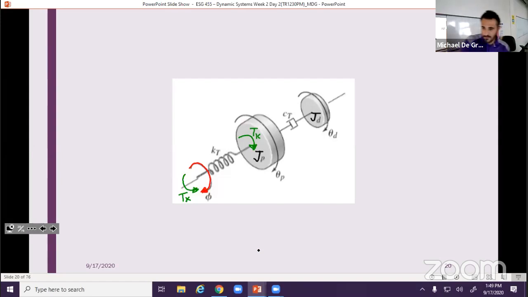If I'm rotating by phi on the front end of that spring, the torque reaction is going to oppose this motion. Think about it this way: the spring, as I rotate it, wants to fight back, which means on the other end, it's going to be equal and opposite, so it's got to go in the opposite direction. Does that make sense?